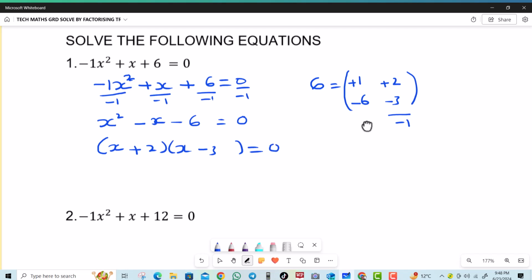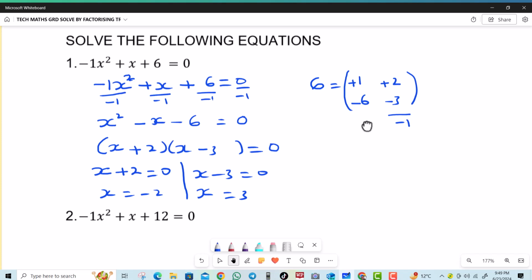Now again, because of the 0 here, we're going to use the zero product, which is that either x plus 2 gives us 0, which gives us x equals to negative 2, or we can say x minus 3 equals to 0, which gives us x equals to positive 3.